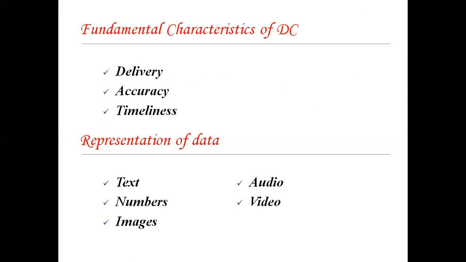Since data is very much important here, what is the representation of data? The representation of data is either text, numbers, images, audio and video, or any combination of all these.